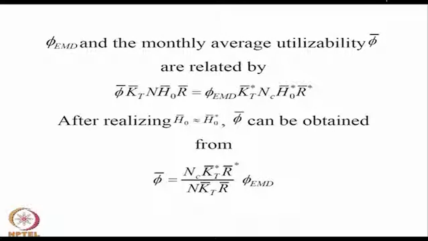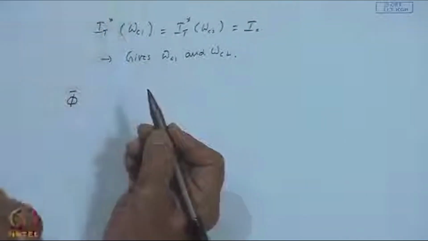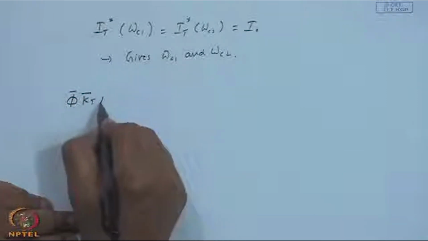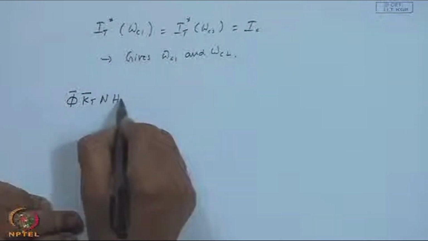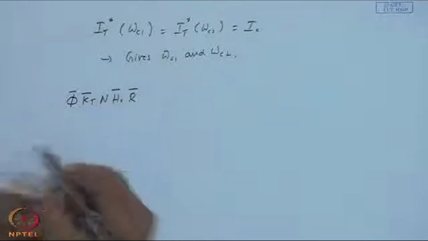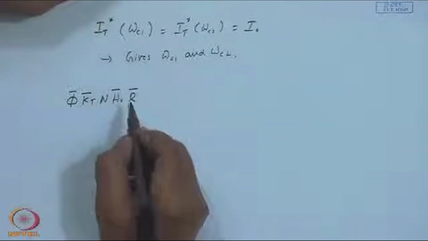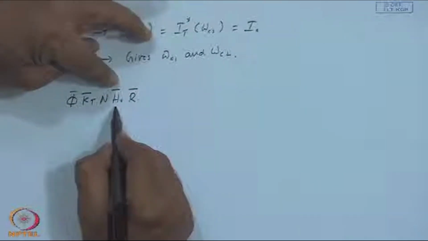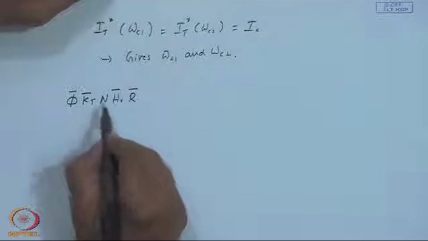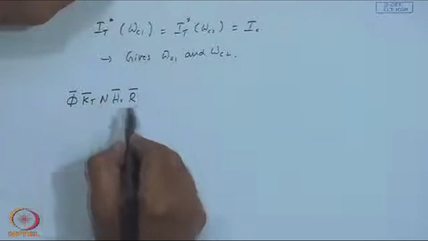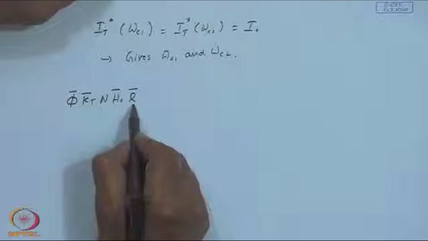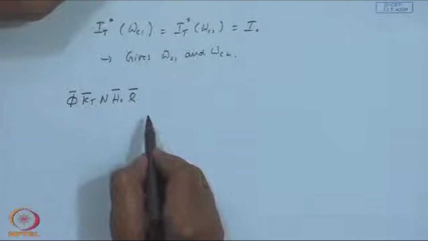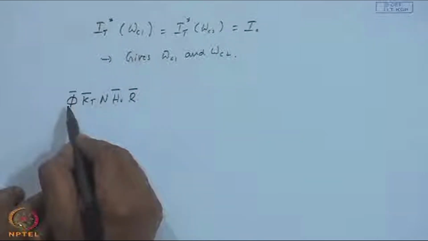So, now the monthly average daily utilizability, with which we have been dealing all the time, multiplied by the solar radiation falling on the collector surface, right. I have deliberately written in terms of the non-dimensional clearness index and the analytically calculable extraterrestrial radiation average, multiplied by the number of days in the month, multiplied by the average tilt factor R bar, multiplied by utilizability, is nothing but the solar radiation available above the critical level based upon the monthly average daily utilizability.